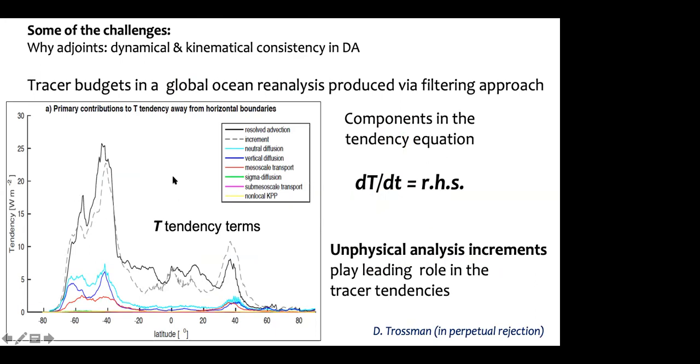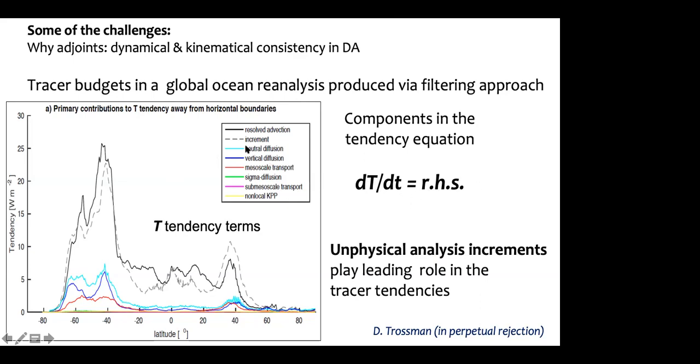This is from a global ocean reanalysis product, as a function of latitude, from 80 south to 80 north. He is diagnosing all the components in the tendency equation for temperature. So on the left-hand side is the total, the dT/dt, the change of temperature over time, and then on the right-hand side are all the contributions.